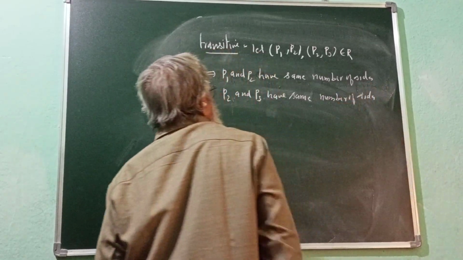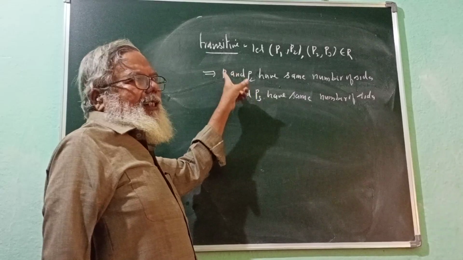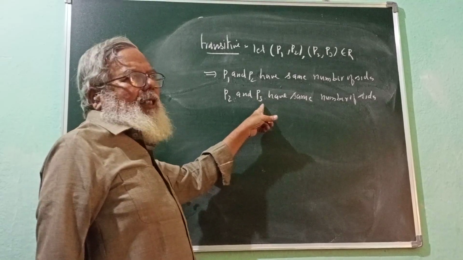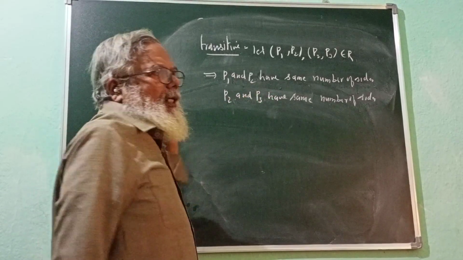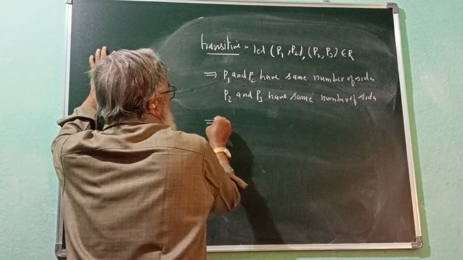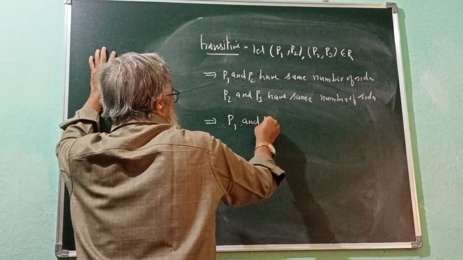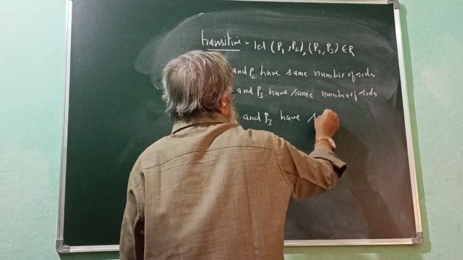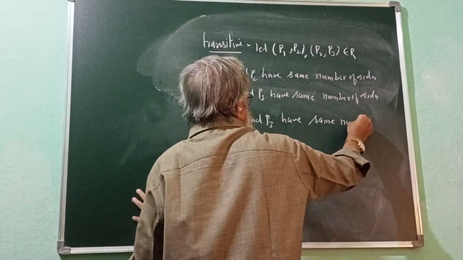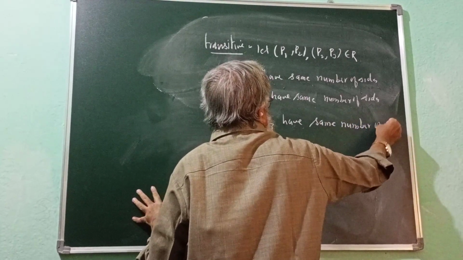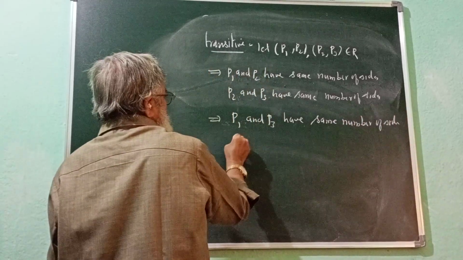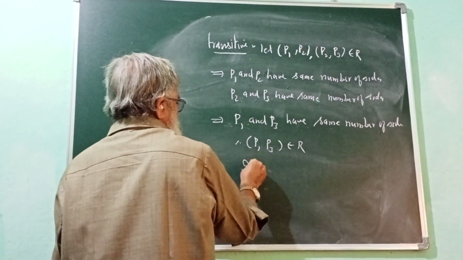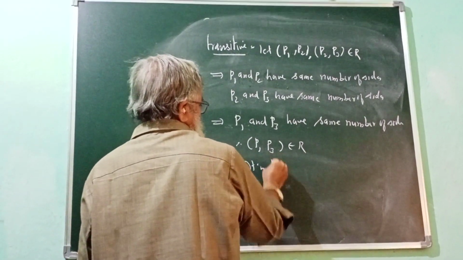When P1 and P2 have same number of sides, suppose P1 is a triangle, P2 must also be a triangle. When P2 is a triangle, P3 is also a triangle. That means P1 and P3 have same number of sides. That means (P1, P3) belongs to R. Therefore, it is transitive.